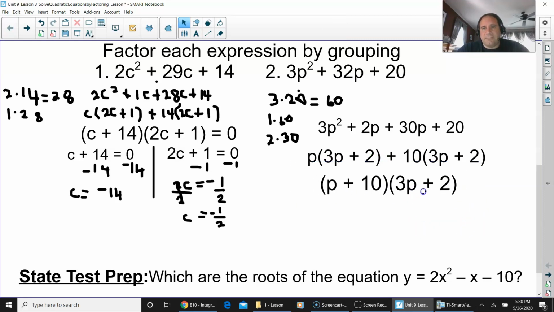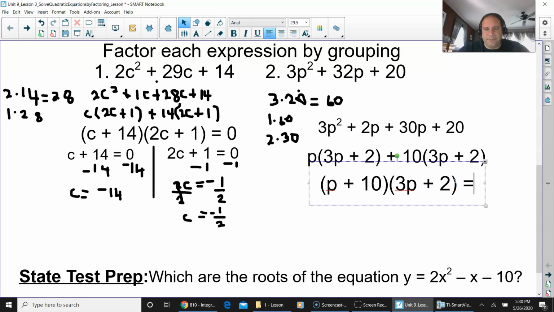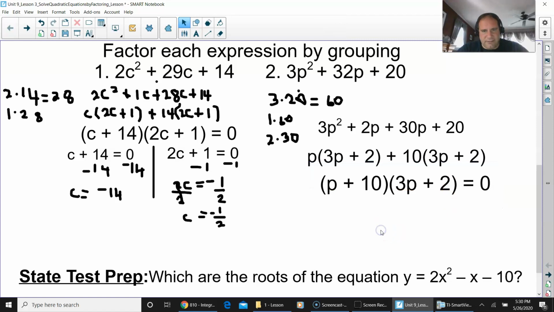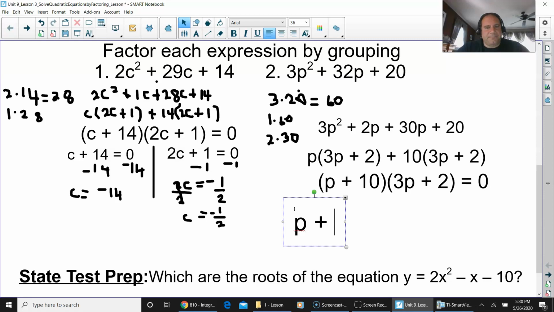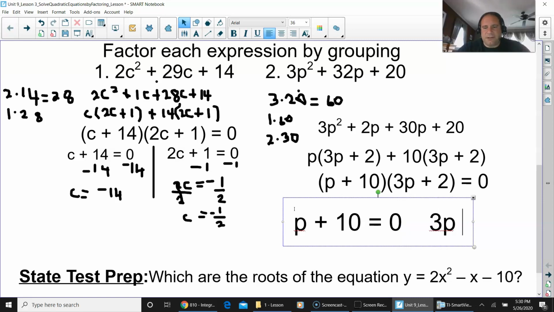This is your answer for factoring by grouping. But now I am going to go further because I think you guys could handle it. Obviously, if we want to solve for the roots or the zeros, I am going further here. So p plus 10 equals 0. And 3p plus 2 equals 0.